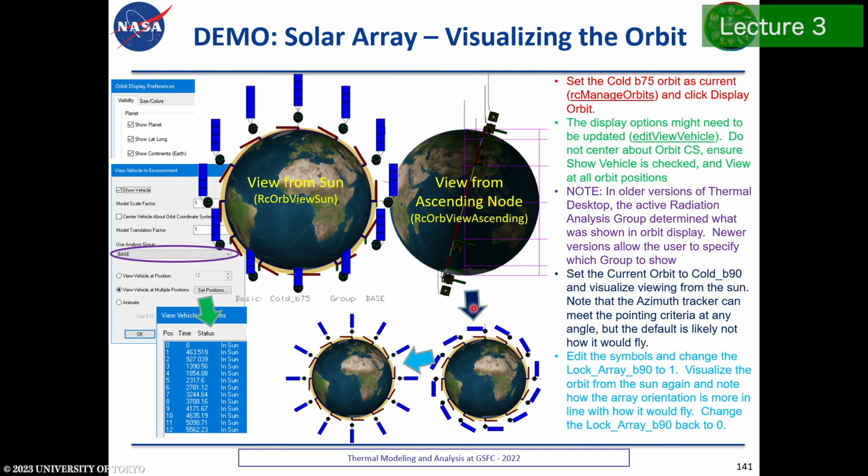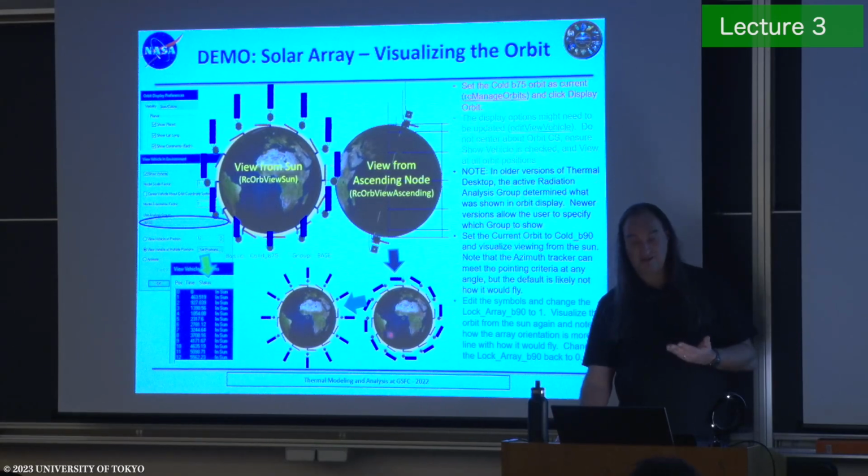Any rotation of this about the axis pointing out of the screen would still satisfy it. So that's why we have that lock array for beta 90 that basically says disable this tracker when I tell you to. So when you run a beta 90 case, it makes it so it's always pointed away and isn't cutting across and blocking the view here, because this is sort of a singularity, if you will.